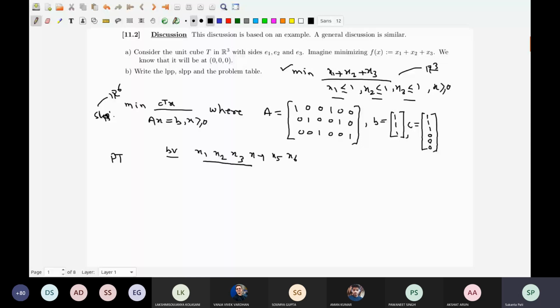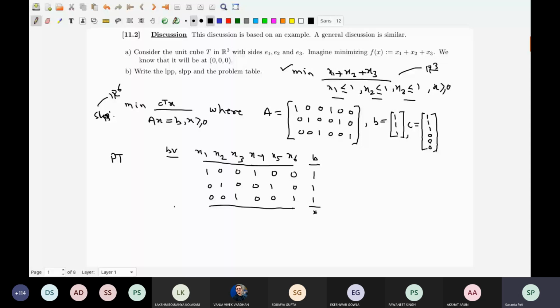Here all you have to do is write the A: 1 0 0 1 0 0, this is 1; 0 1 0 0 1 0, this is 1; and 0 0 1 0 0 1, and this is 1. Put a star here. Normally in the simplex table we write something, and here you have to write C transpose: 1 1 1, and 0 0 0. This is the problem table.